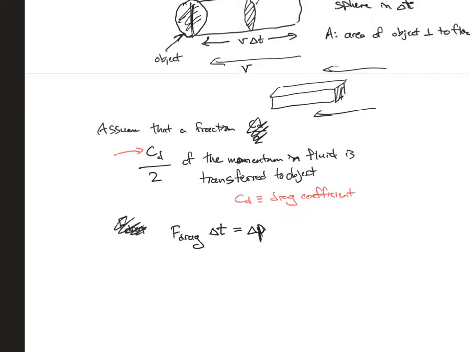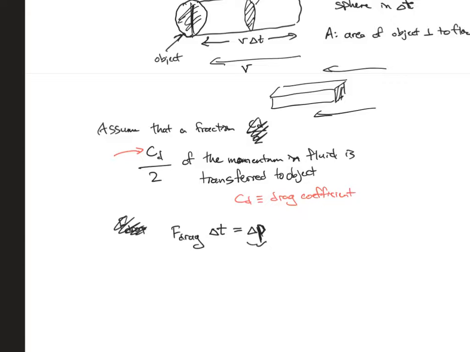And so that's what we remember from our definitions of momentum. And so this delta P is this fraction, C_d over 2 of the momentum in the fluid.